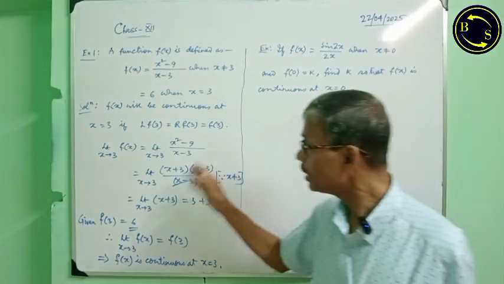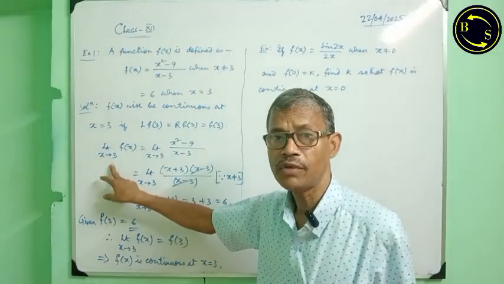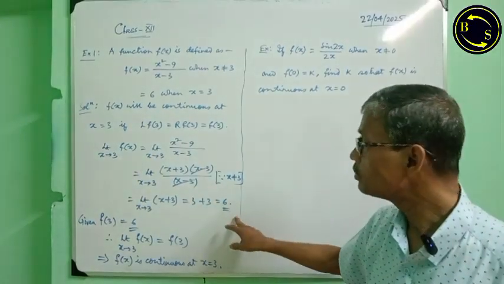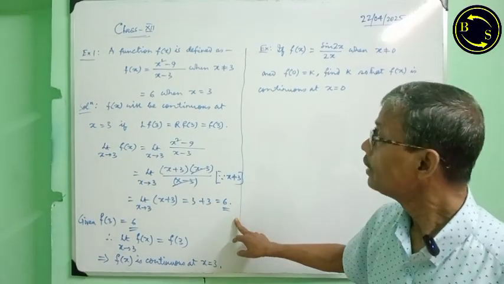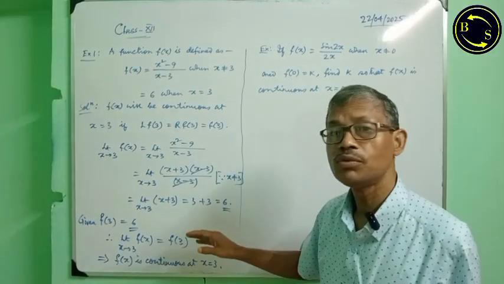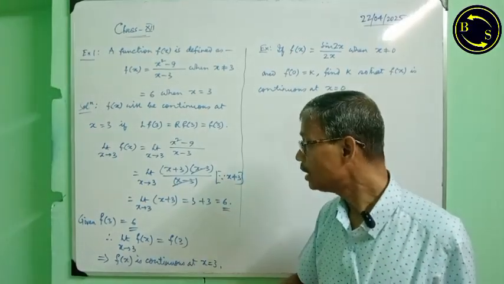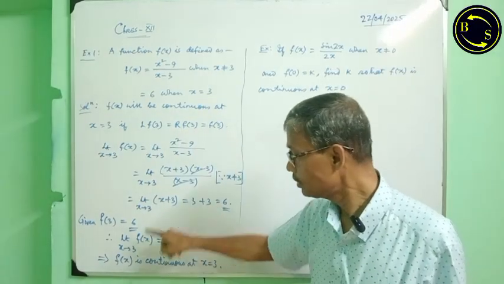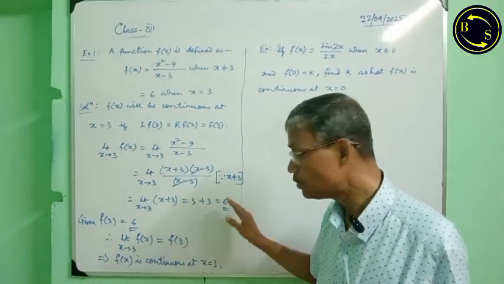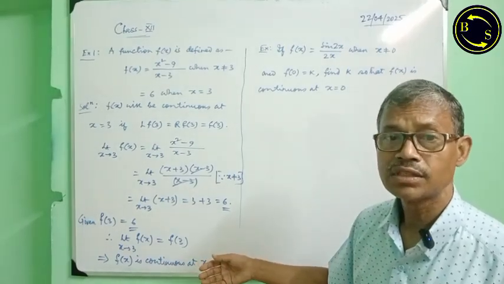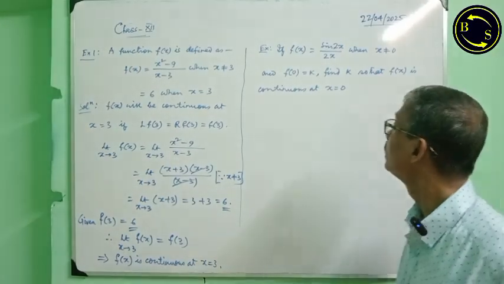Therefore we calculate the limiting value of f(x) as x tends to 3, we get the value 6, and as per this condition that should be equal to f(3). Also f(3) as per definition is 6. Therefore both values are equal, therefore we say f(x) is continuous at x equal to 3.